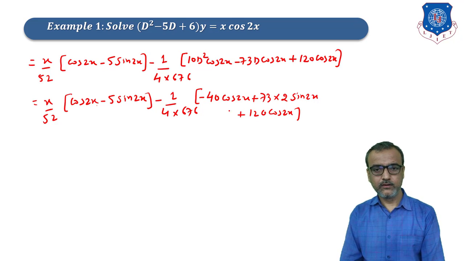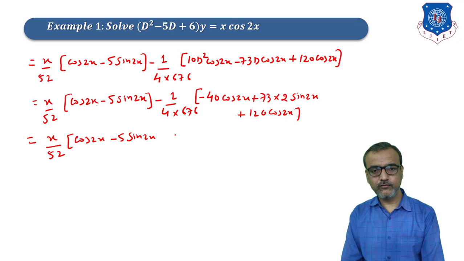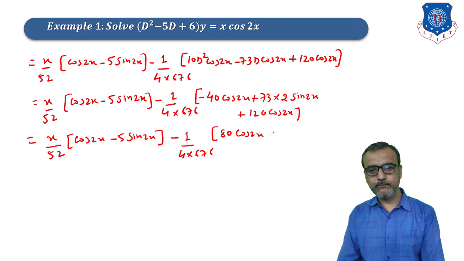So this is equal to x upon 52 cos 2x minus 5 sin 2x minus 1 upon 4 into 676, 120 cos 2x minus 40 cos 2x, that is 80 cos 2x plus 73 into 2 sin 2x.